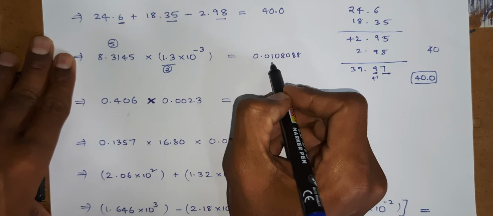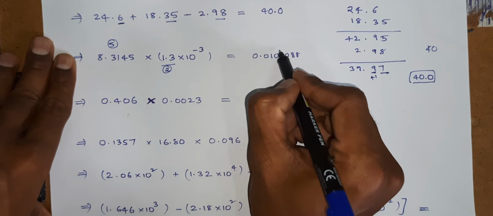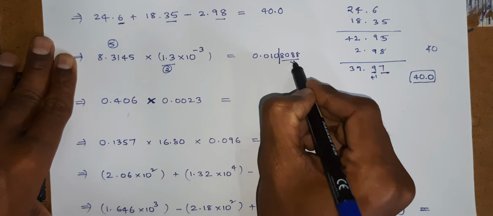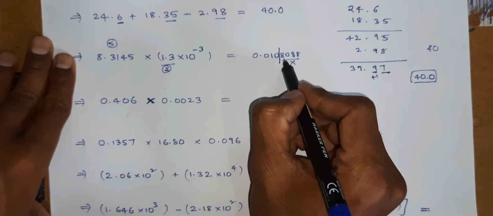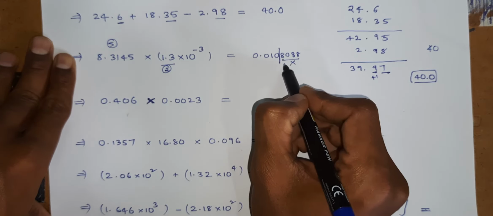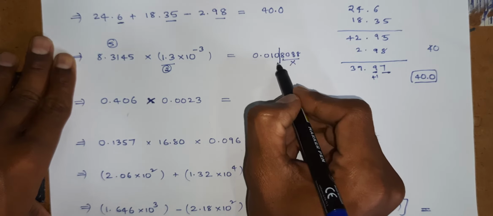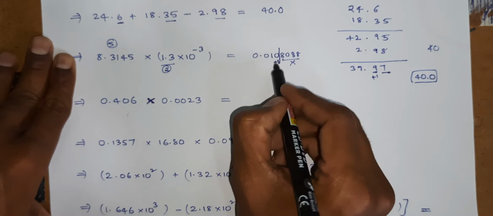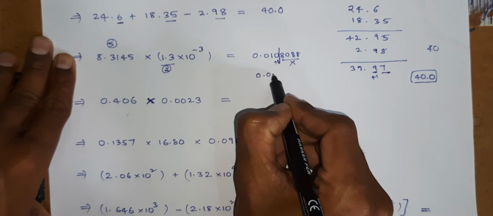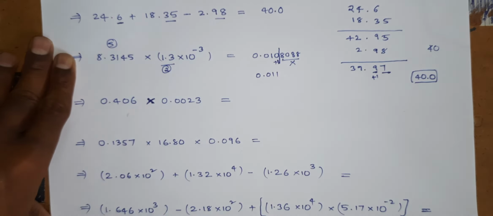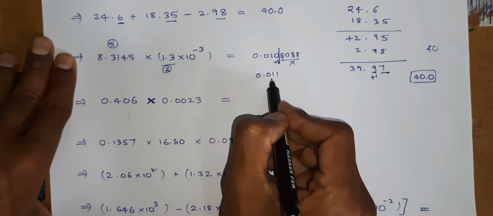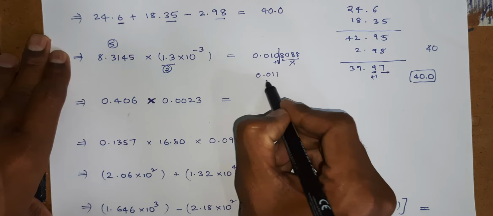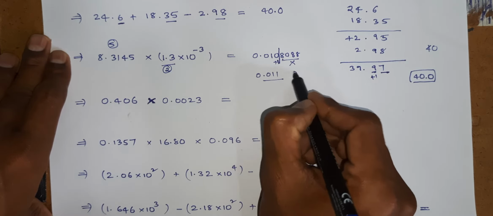Up to two significant figures is up to here, so we have to remove the rest. Before removing, this 8 is greater than 5, so the preceding number is increased by 1. So 0.011. Okay, this is the right answer, and this is two significant figures.